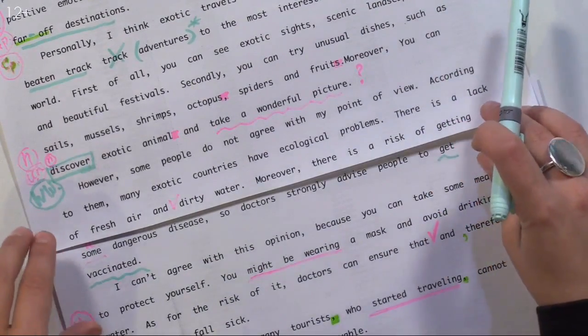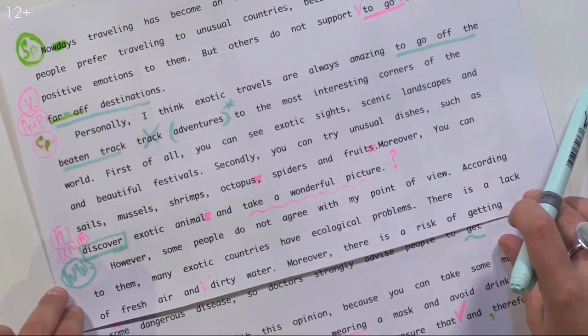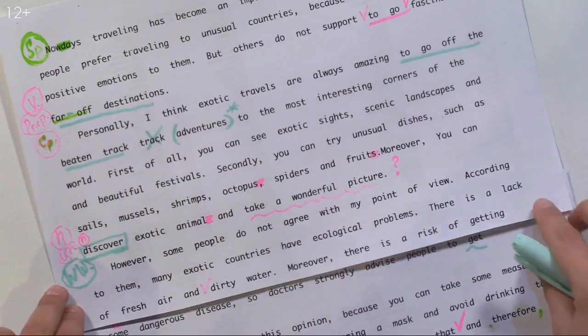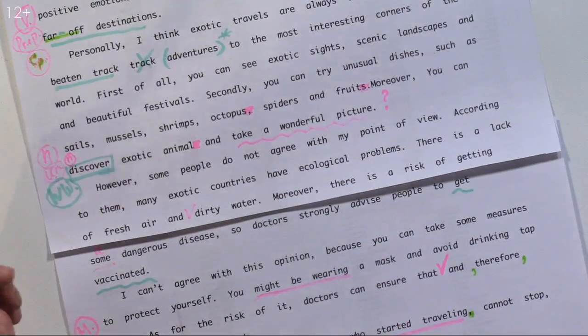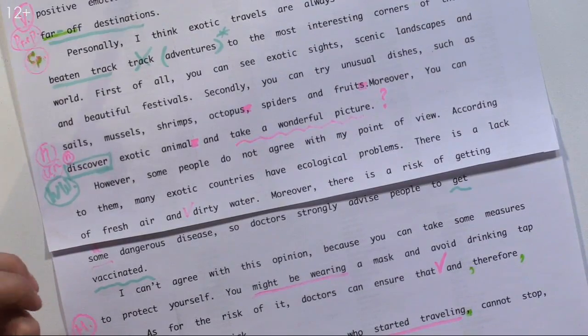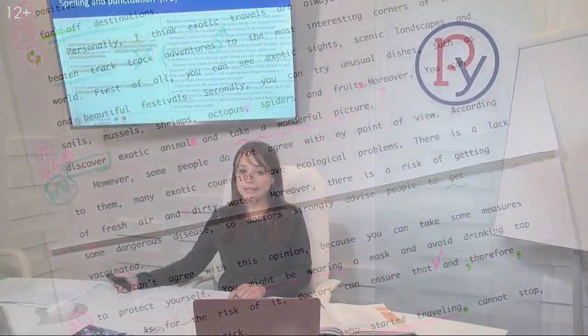Another punctuation mistake. We have a spelling mistake here and a spelling mistake here. So if we go back to the assessment criteria, we have about 4 mistakes overall, 2 spelling and 2 punctuation mistakes. So it will probably be band 1, 2 spelling and 2 punctuation mistakes.